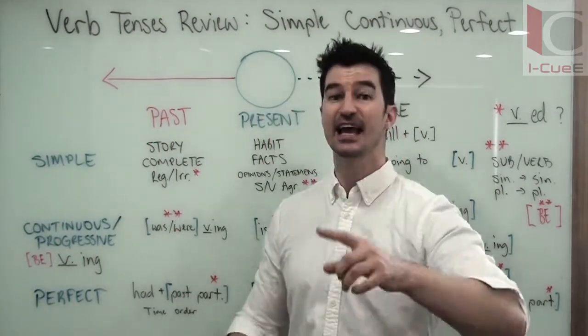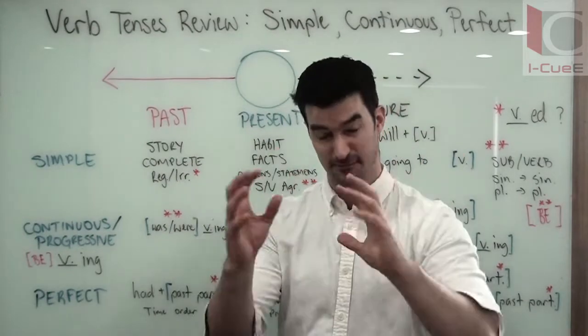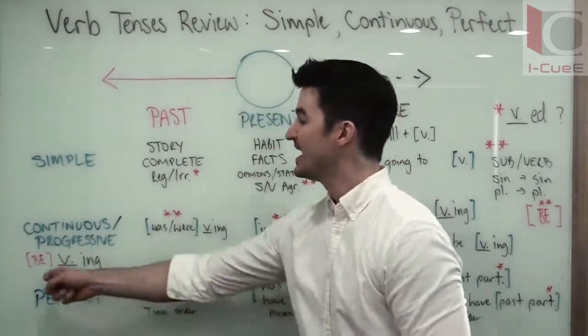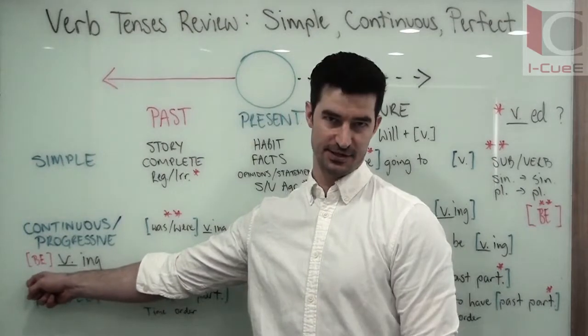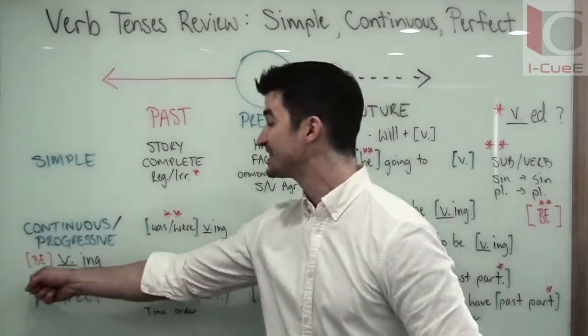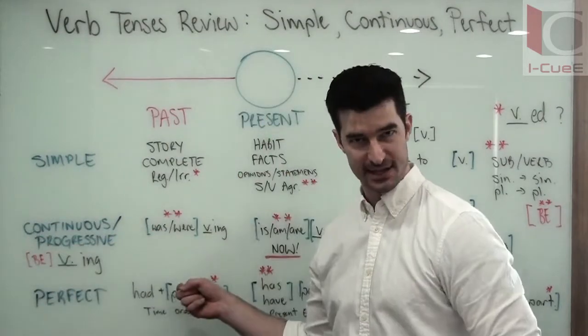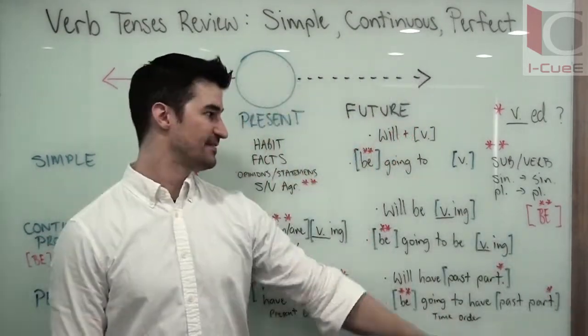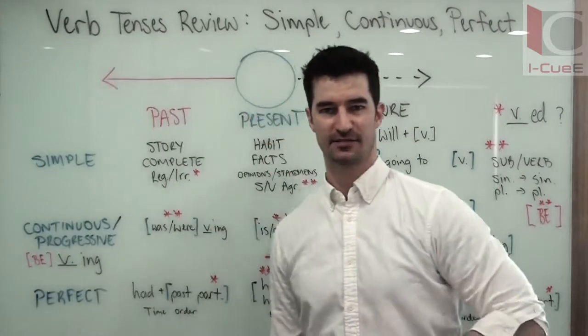In fact, in order for it to be a verb tense, it has to have the be verb first. So when you're looking at continuous tenses, you're always looking at be verb-ing. And remember, the be verb always uses subject-verb agreement.